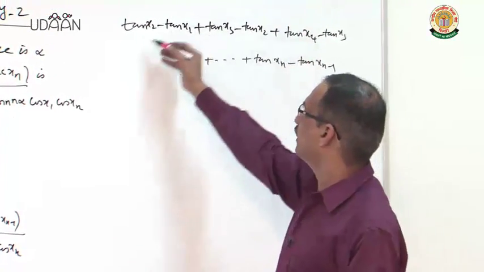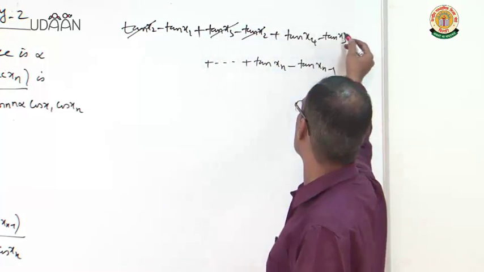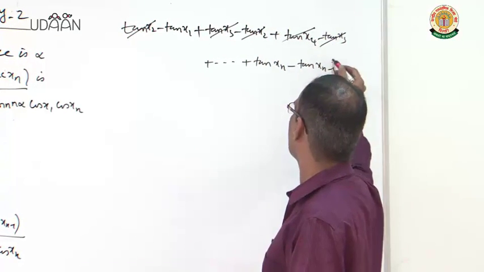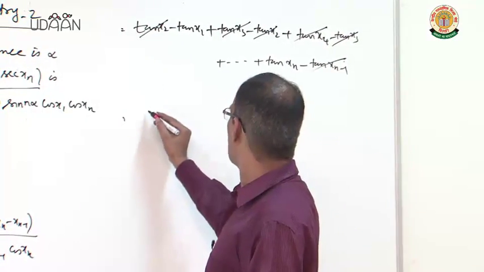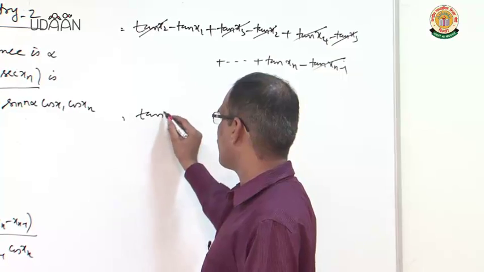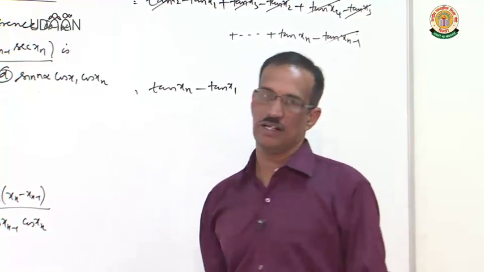Now, see here, tan x2 minus tan x2, tan x3 minus tan x3, like this they get cancelled. So, what is remaining with us is tan xn minus tan x1.